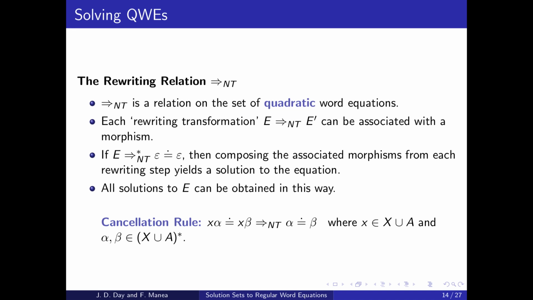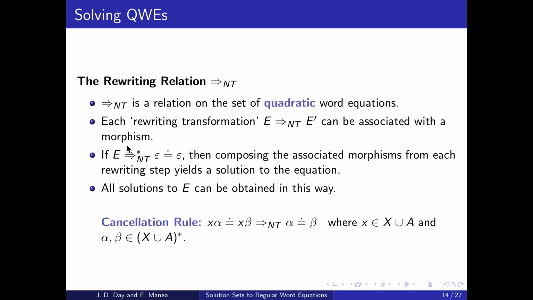So the algorithm for solving quadratic word equations is centered around this rewriting relation, which in turn is based on transformations called Nielsen transformations. I represent it by this arrow subscript NT, and essentially it's a relation on the set of quadratic word equations, and each of the rewriting transformations can be associated with a morphism.